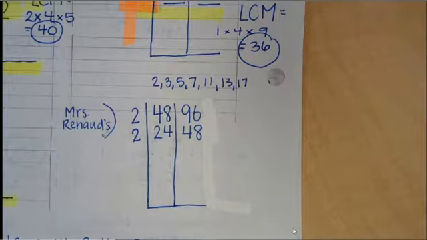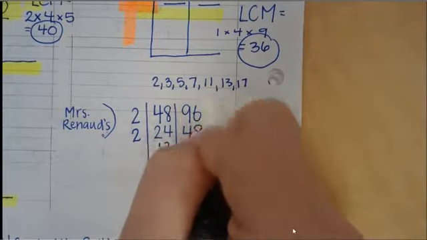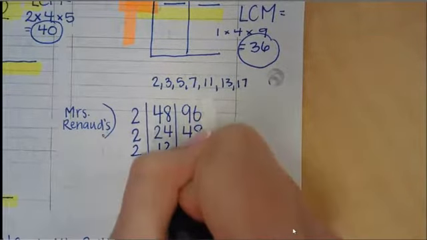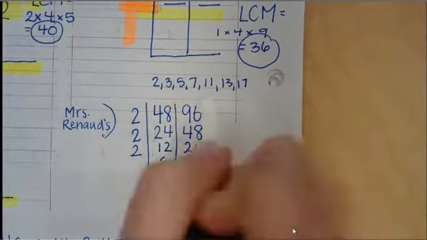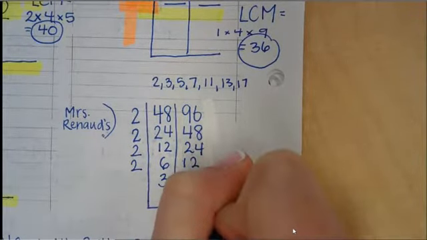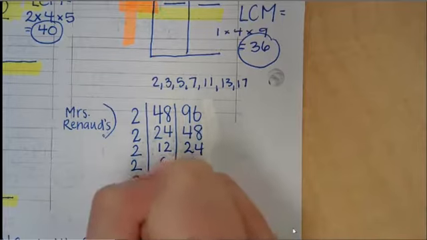So you should have found that was 12 and 24. I can divide by 2 again. I get 6 and 12. I can divide by 2 again. And I get 3 and 6. And then I divide by 3. I get 1 and 2.